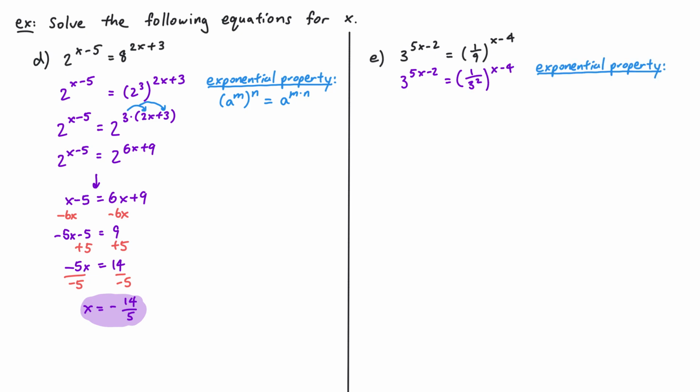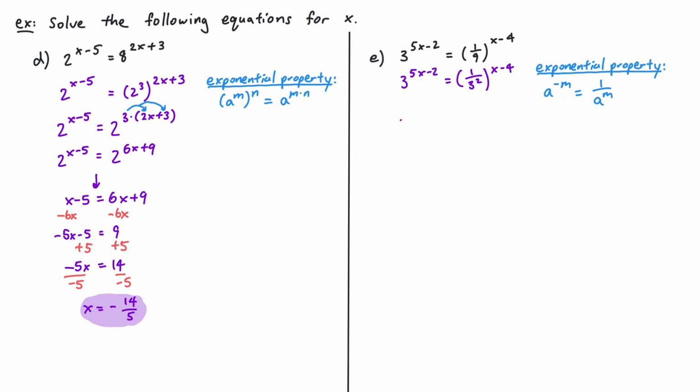Now remember, we have the exponential property that says that if we have a to the power of negative m, this is the same as 1 over a to the power of m. Now our 1 over 3 squared looks like the right-hand side of this exponential property, which means that we can rewrite it as the left-hand side. We can rewrite it as 3 to the power of negative 2.